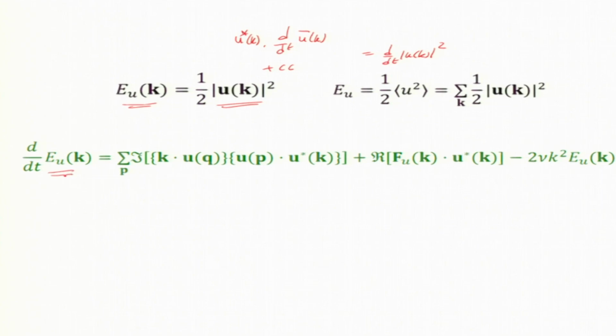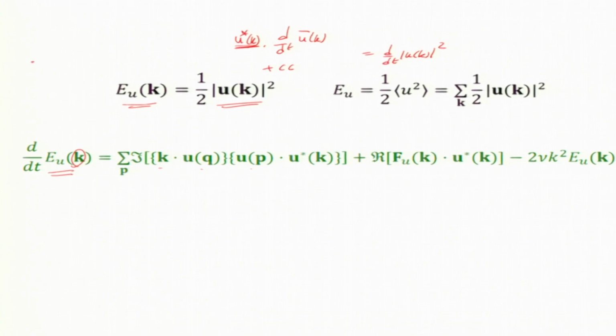So, the nonlinear term, the one which was u dot grad u: in the energy equation there will be another u, since I am multiplying by another u, this u star k. So, it happens to be the imaginary part of k dot u q, u p dot u k star. So, the k mode is getting energy from other modes by nonlinearity.